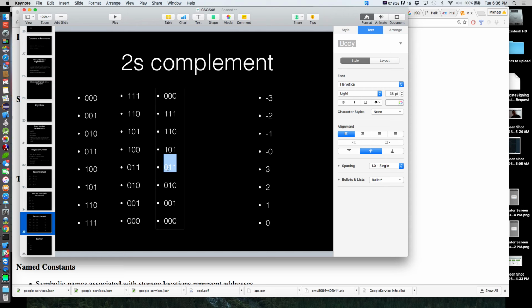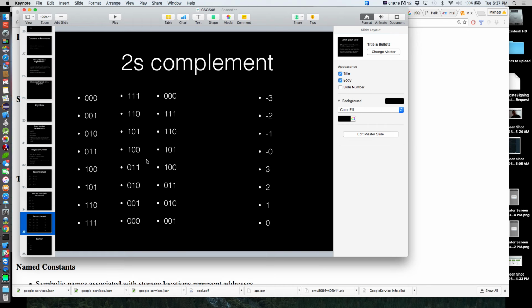This guy maps to 1, 0, 0. 0, 1, 1. 0, 1, 0. And 0, 0, 1. That look right? All right. So this is the 2's complement mapping.